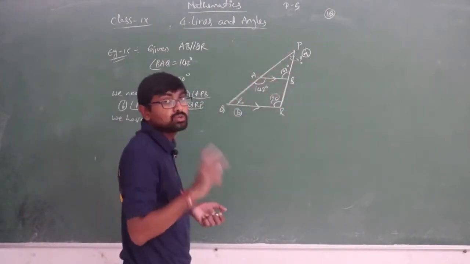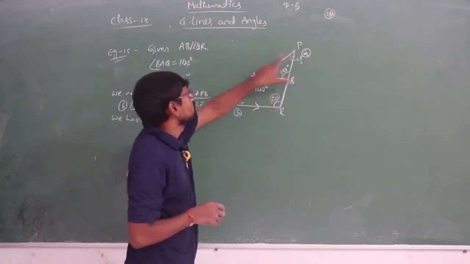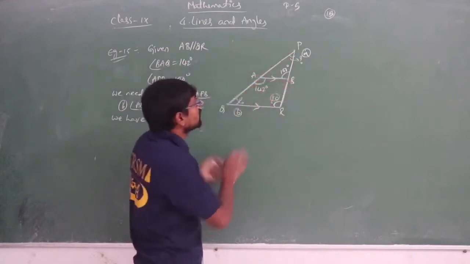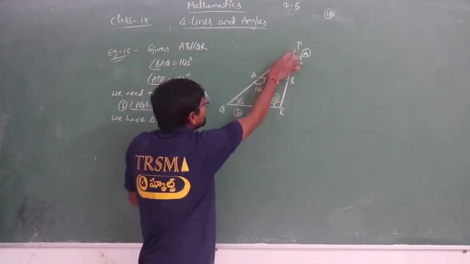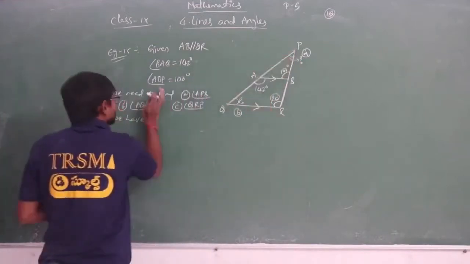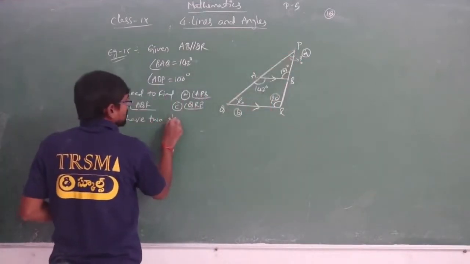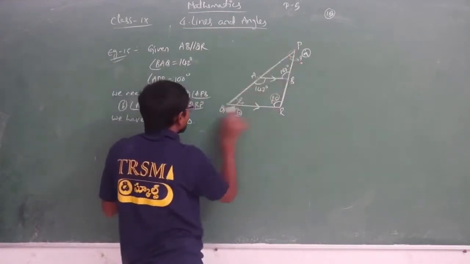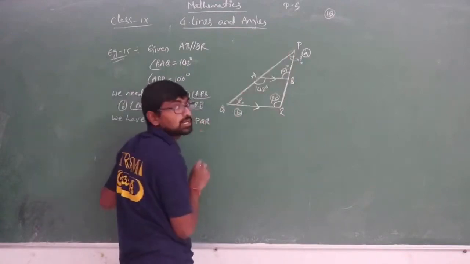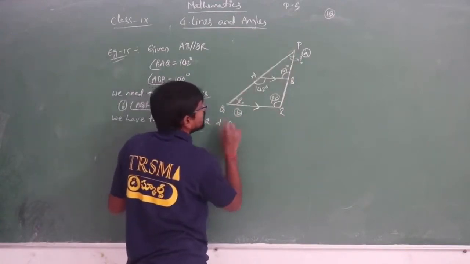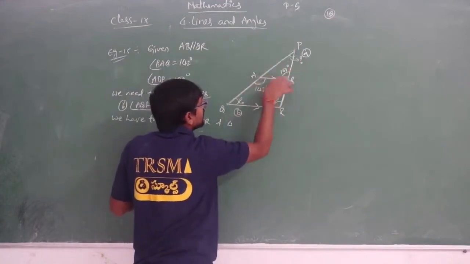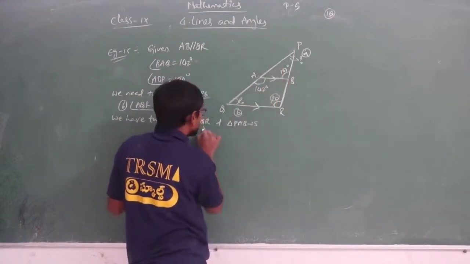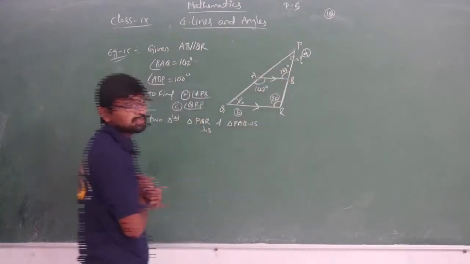First is PAB, the first triangle, and if I remove this part, I get PQR.